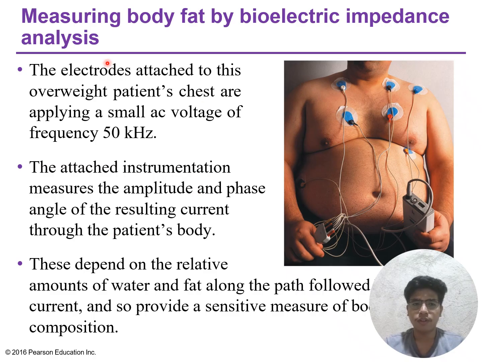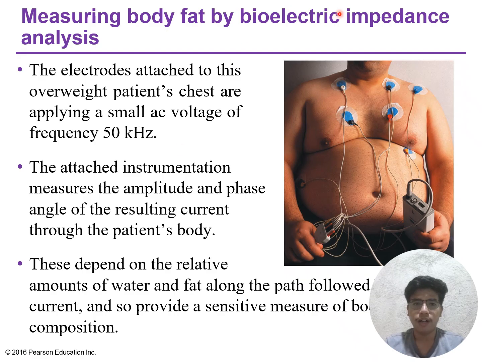The attached instrumentation measures both the amplitude and phase angle phi of the resulting current flow through the patient's body in response to the applied voltage, providing detailed information about the electrical properties of internal tissue. The impedance Z of the body varies depending on the relative amount of water and fat along the current path.